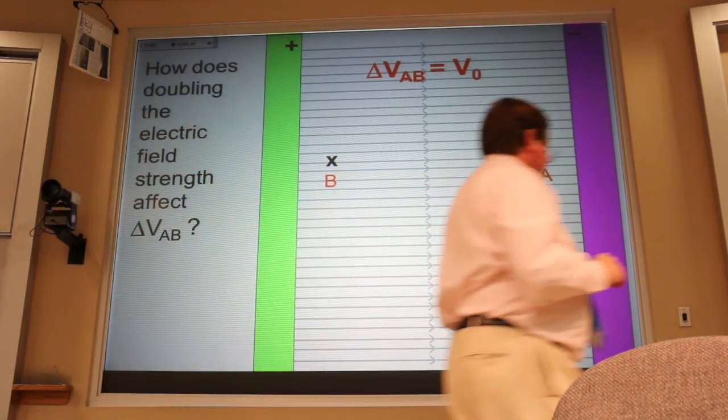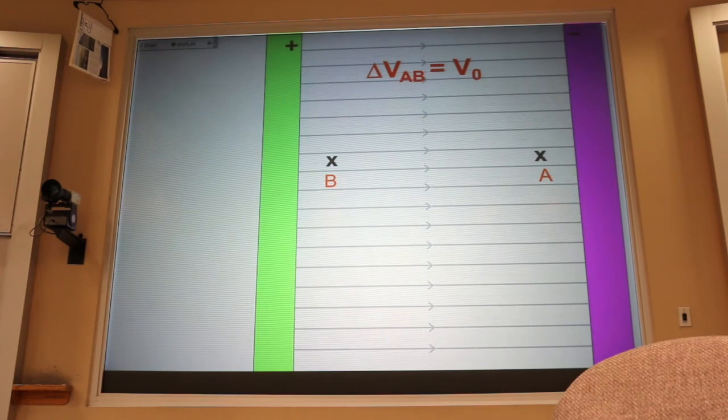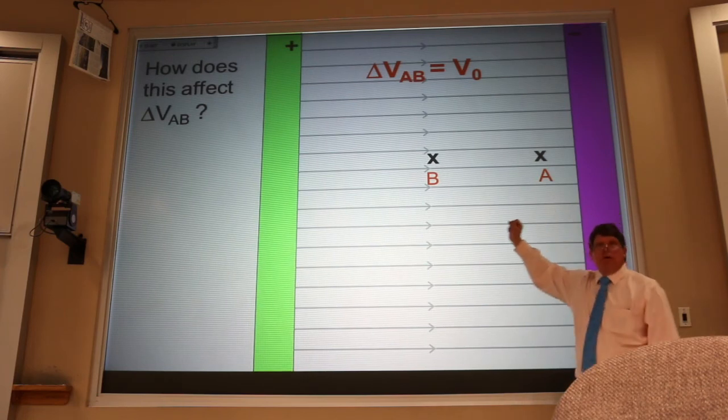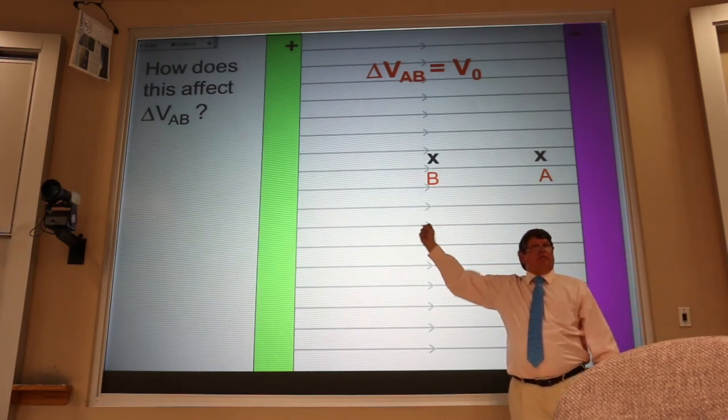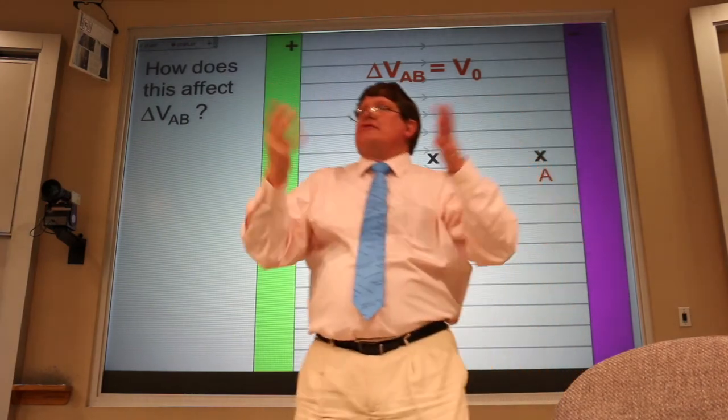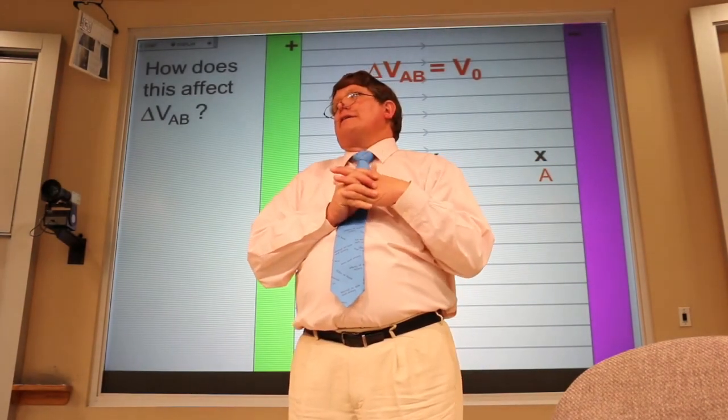Hold that thought. What if I go back to the original field, but I move point B so that I only have to push half as far? I still have to push as hard as I was in the original case, but I only push half the distance. Work is force times the distance. I do half the work.